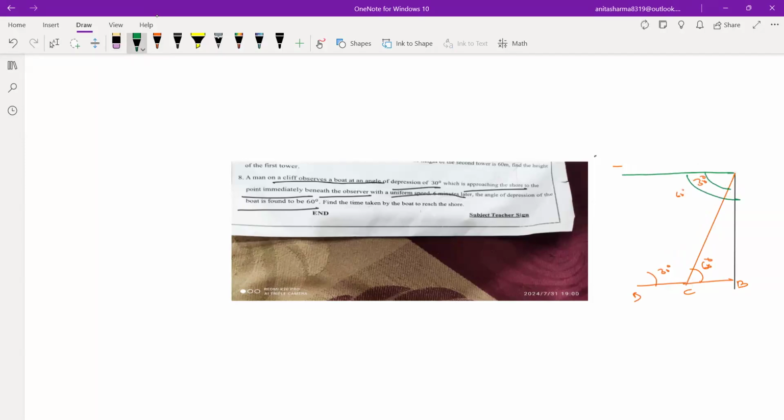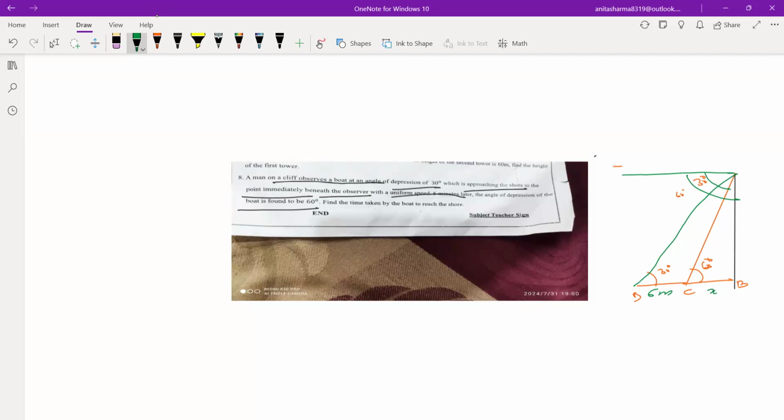Yes. So now we have to find, they are saying that after 6 seconds, there's 6 minutes. Okay. So let this be x, beta.